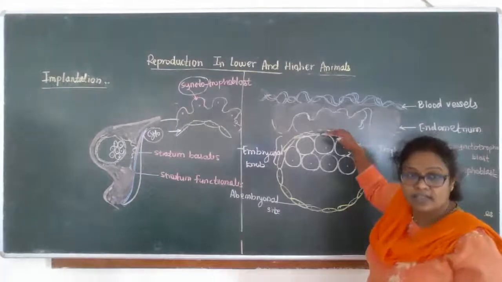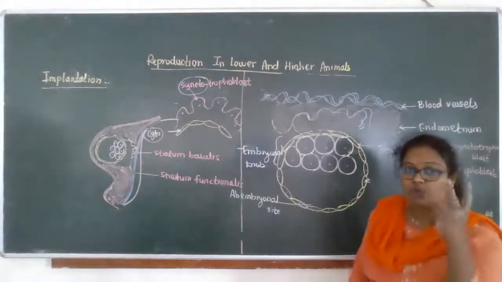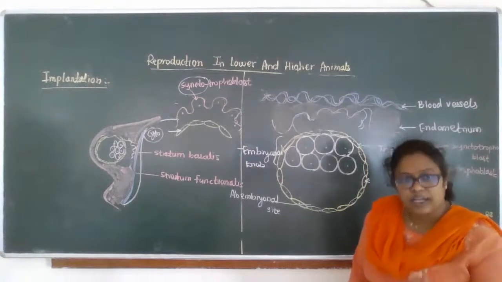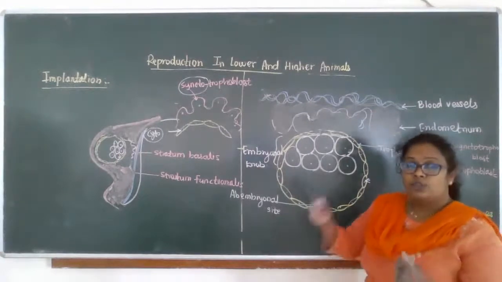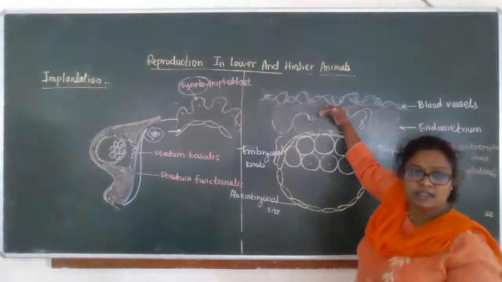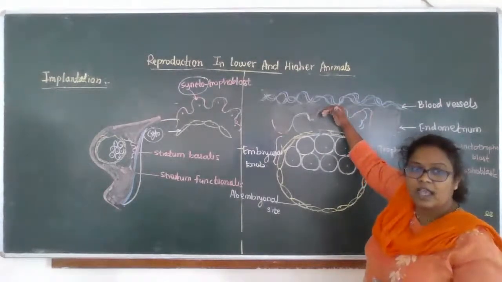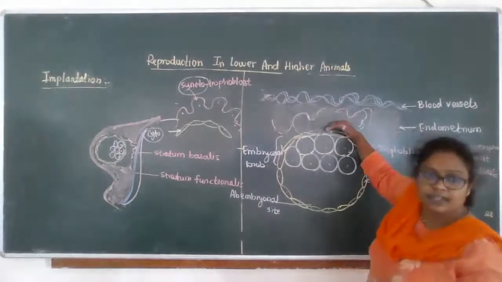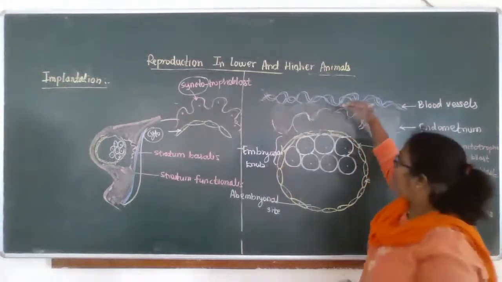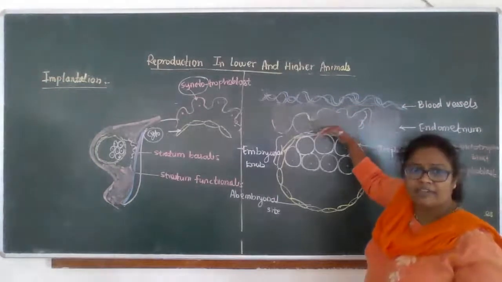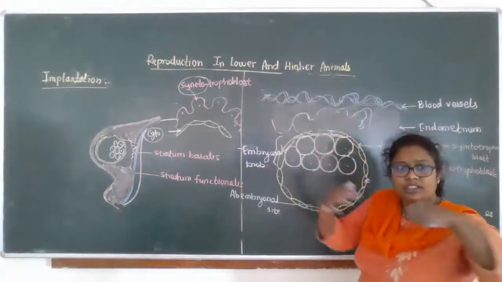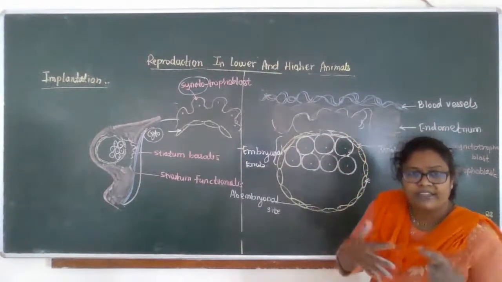The trophoblastic cells convert themselves into two different types: syncytiotrophoblastic cells and cytotrophoblastic cells. Those cells which are moving are called syncytiotrophoblastic cells, and those which remain at that site are called cytotrophoblastic cells. Clear? One type of cell leaves the place and goes upward, goes inside the endometrium by forming villi.